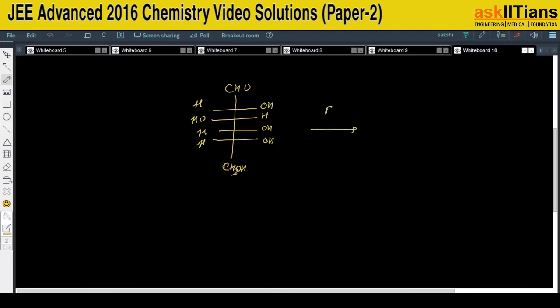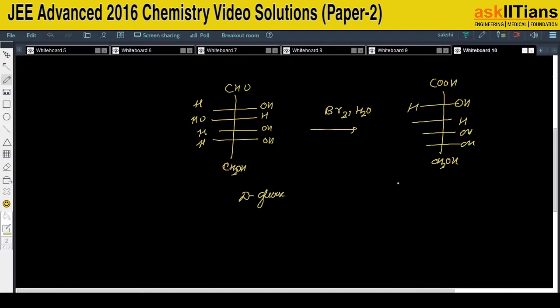Once you add bromine in the presence of water, it gets oxidized and forms COOH, with the rest of the chain the same: H, OH, OH and CH2OH. That means if I start with D-glucose and treat it with bromine water, I will get D-gluconic acid, and this is not saccharic acid.